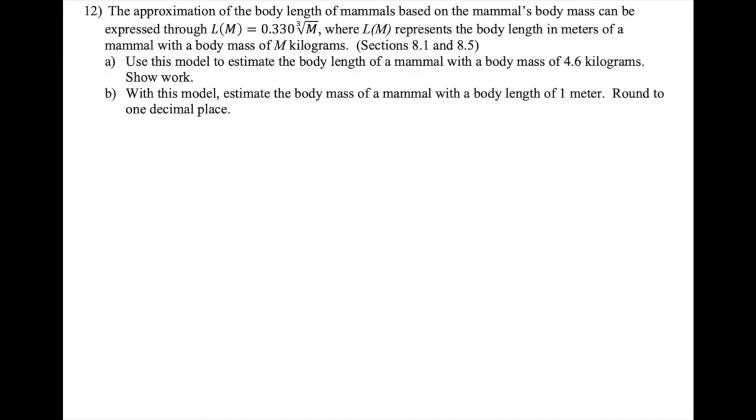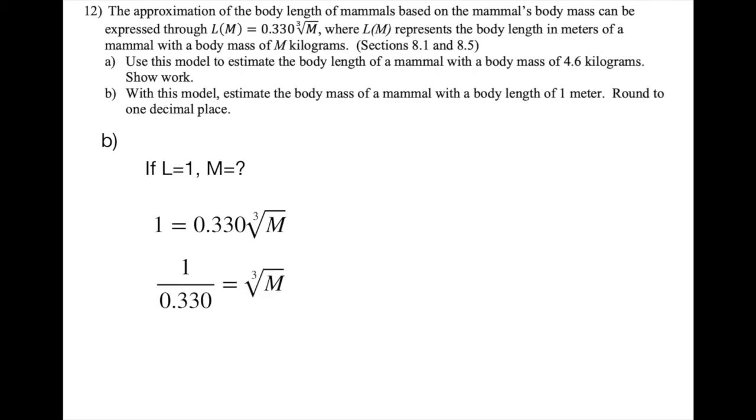For part B, estimate the body mass of a mammal with body length of 1 meter. So L is 1. What is M? You can plug in the model. 1 equal to 0.330 times the cube root of M. You want to solve for big M. So you divide by 0.330 on both sides, and then raise to the power of 3 on both sides.